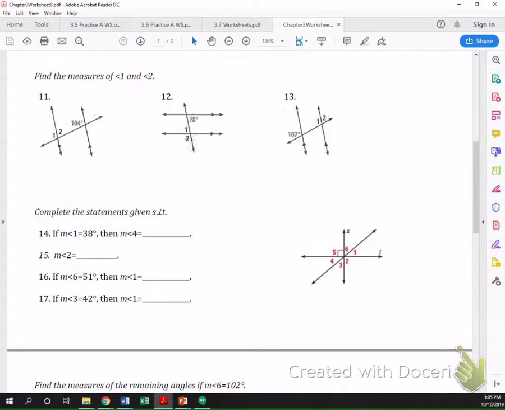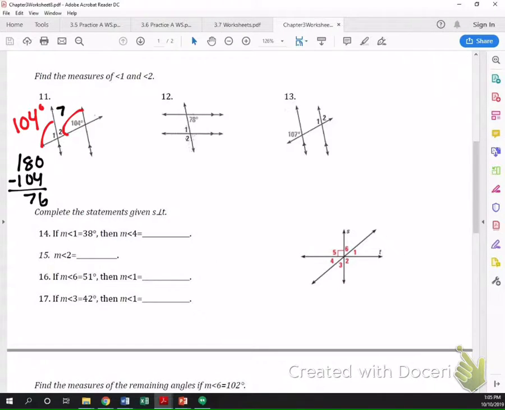All right, number 11. We are supposed to find angle 1 and angle 2. Angle 1 and the 104 are congruent. They're corresponding. Good. Now, angle 2. How am I going to find angle 2? 180 minus 76.